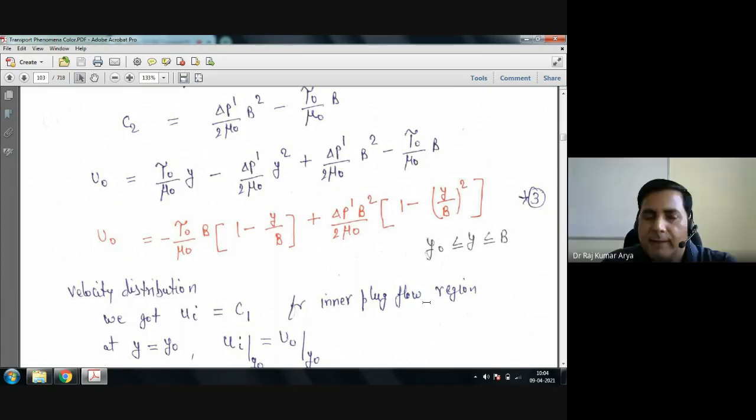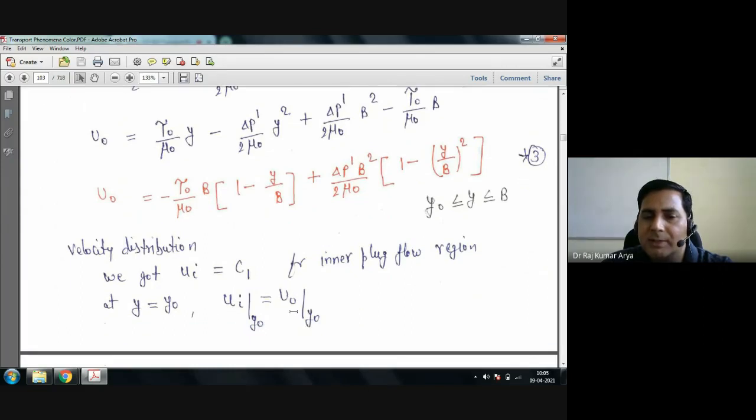Now, because it is the same fluid and it is in contact, at y equal to y naught this expression should be valid also, right? Because it is the velocity profile of the same fluid. So if you substitute y equal to y naught, the velocity of the inner plug flow region and the outer region must be equal, right? This condition must be satisfied.